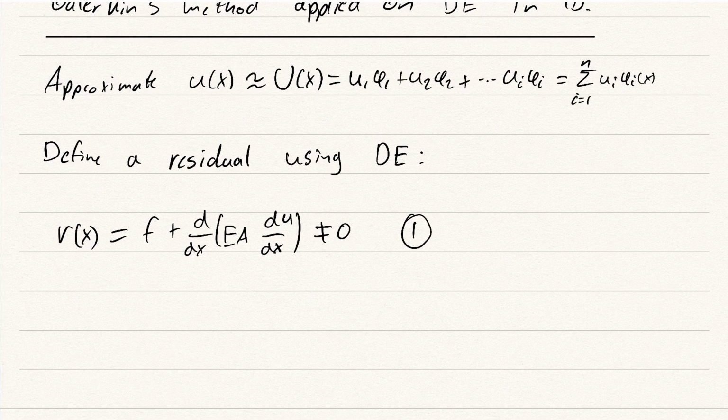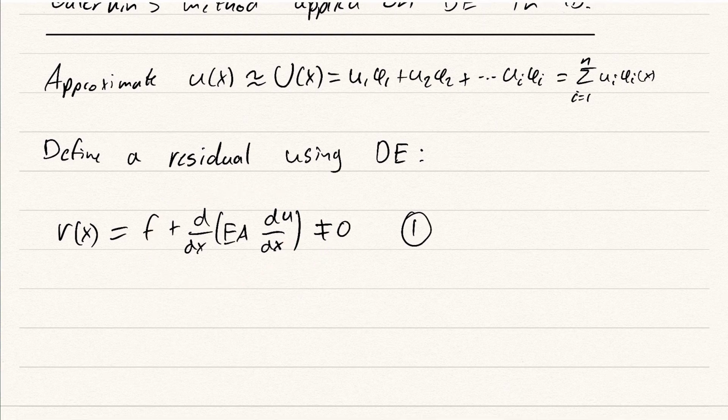Okay, and what we're going to do now is do the same thing. We're going to find these coefficients here by just treating this as if it was equal to 0. So basically the same recipe as the other one.